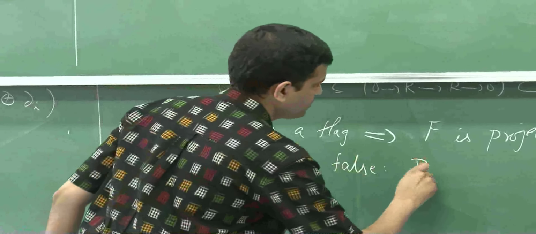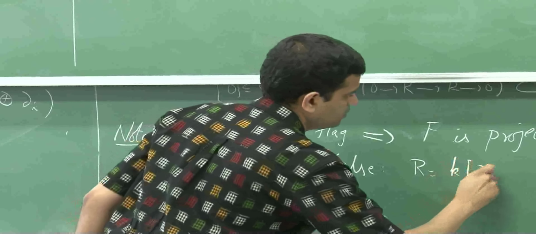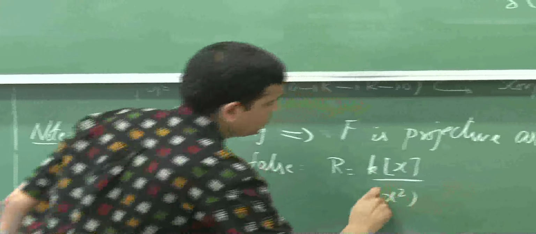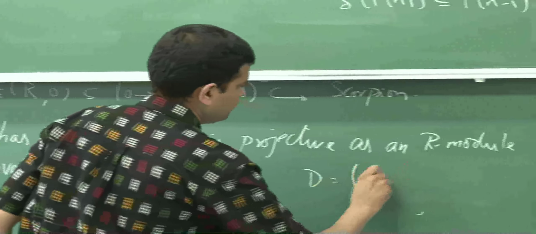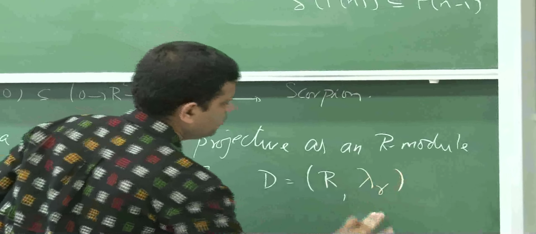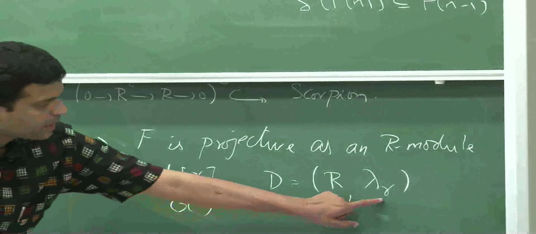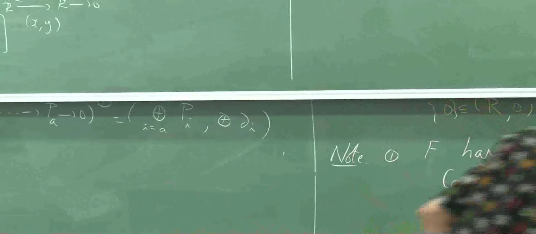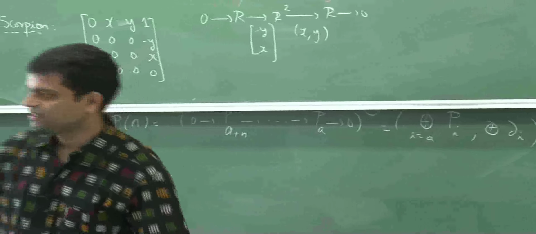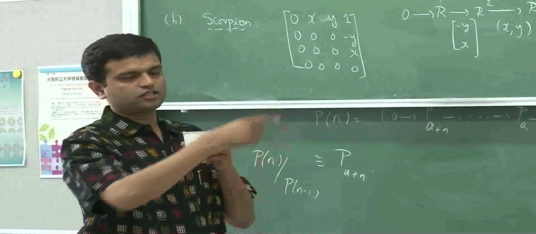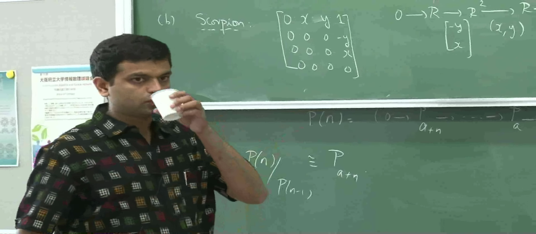So if you look at, for example, just look at this ring and the differential module given by R itself and multiplication by X. It's a ring where the endomorphism is just multiplication by X. And this doesn't have a flag because there's no way of filtering it, because it's indecomposable, for example.